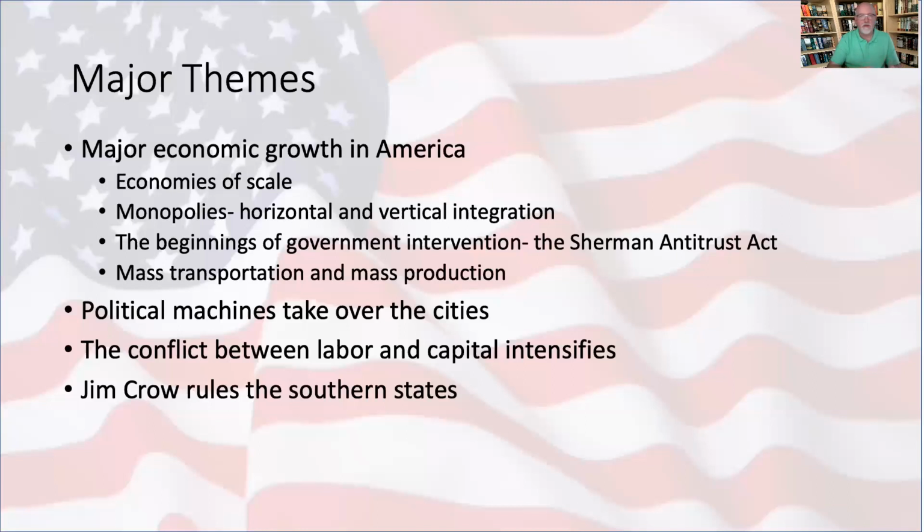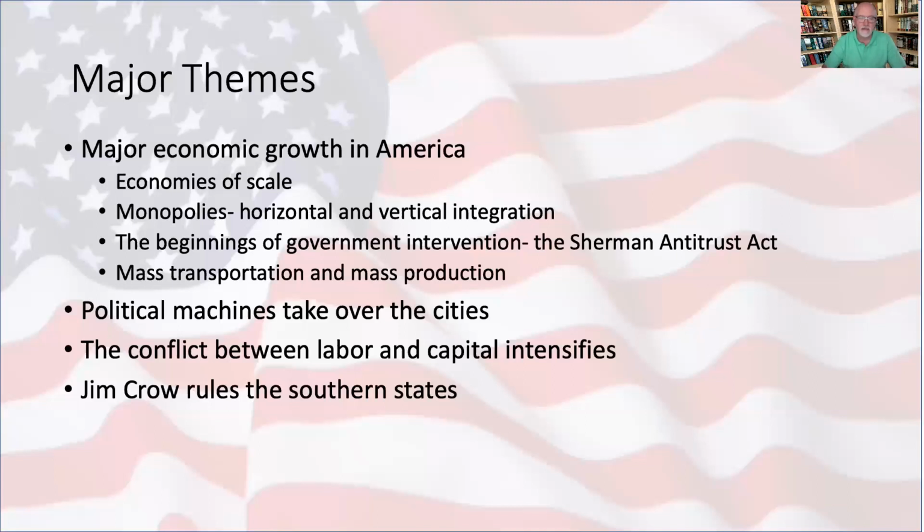So originally you have unions for skilled labor, followed by unions of production line workers that are not necessarily skilled in terms of being machinists or welders or something like that, but they are trained to do their part of the assembly line. There were serious violence and battles as the conflict between labor and capital intensifies. And again, as I mentioned in the last film, this is where you see the rise of socialist political parties. You see the rise of populism, where they're trying to get better wages, better working conditions, and better living conditions in these cities.